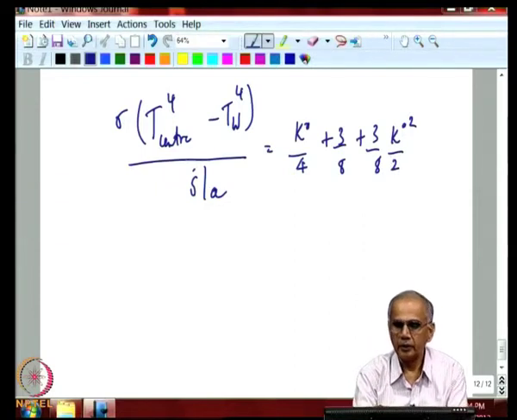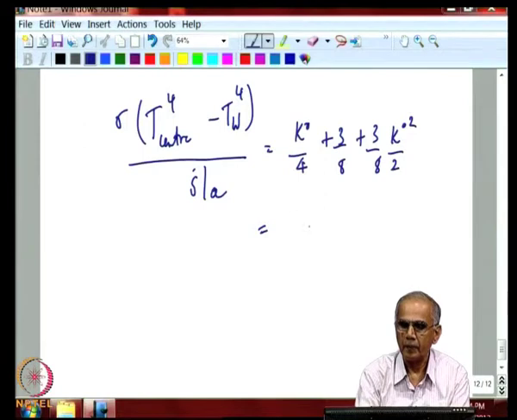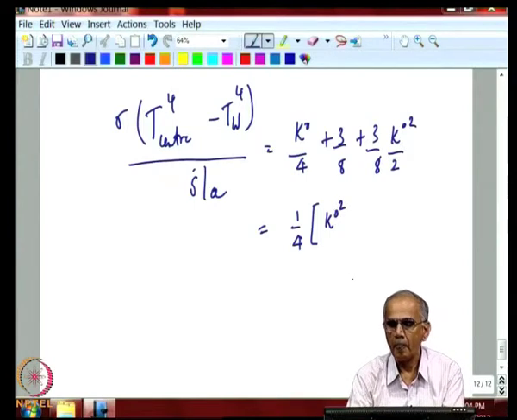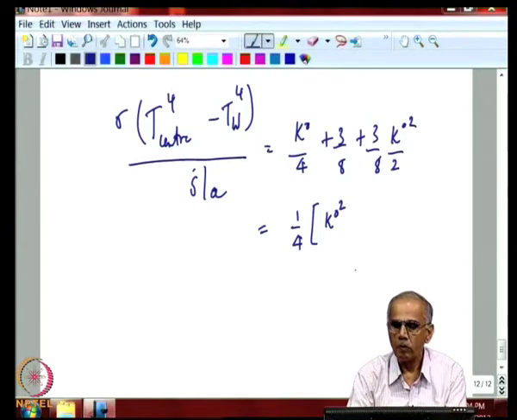So, this result can be written in a more useful way as 1/4 K 0 squared 3 K0, it will be 3 by 4 plus K0 plus 3 by 8.